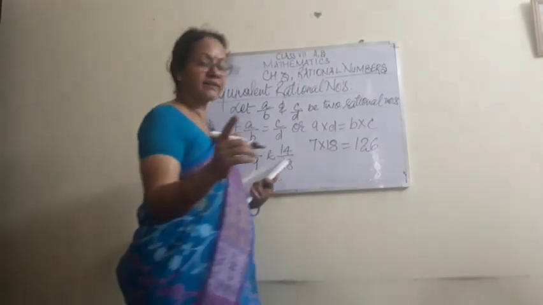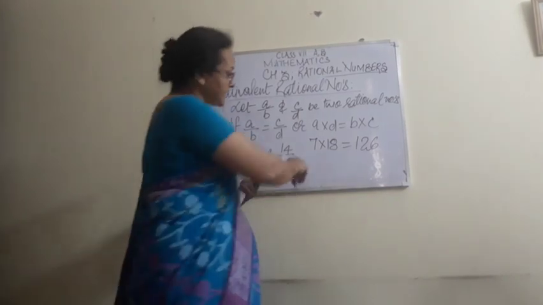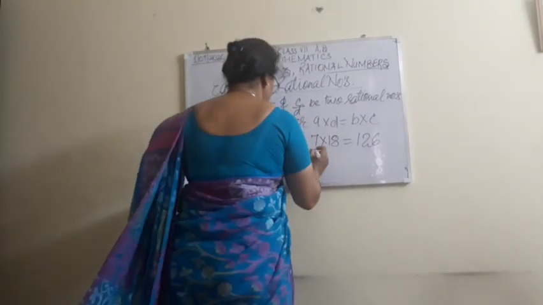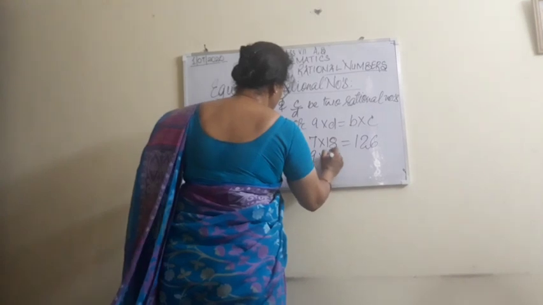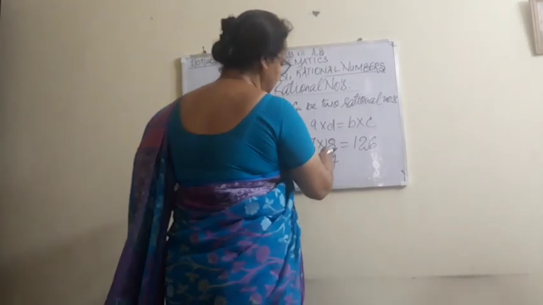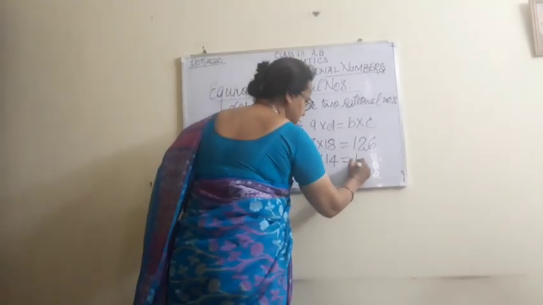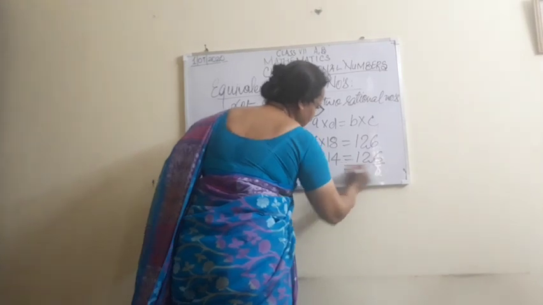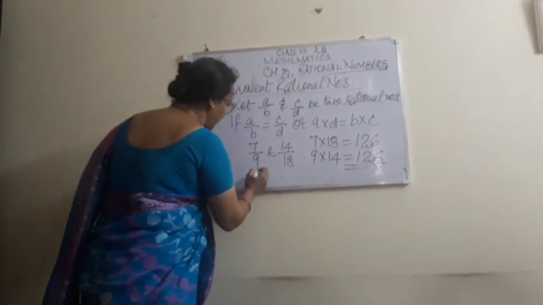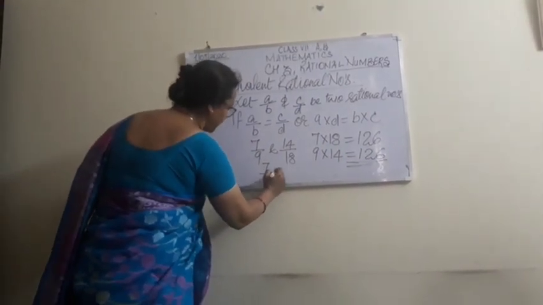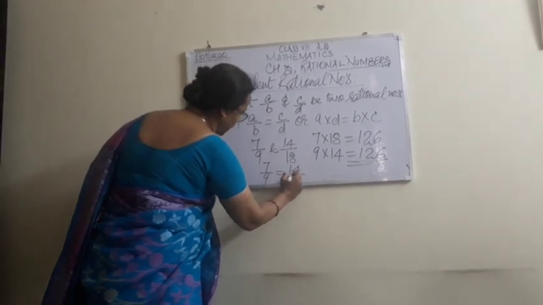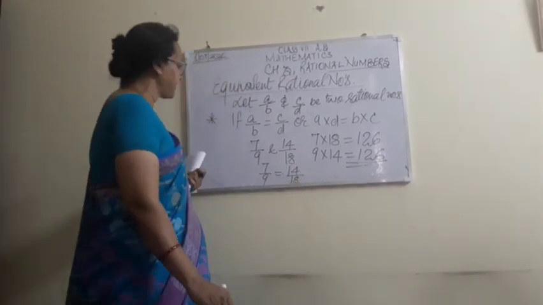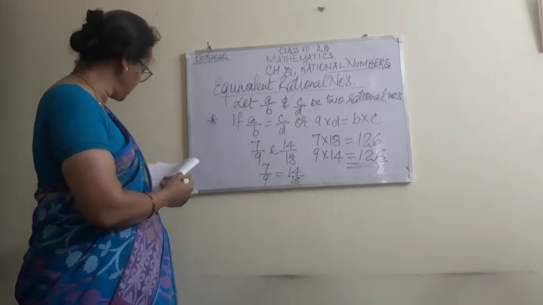I told you the tricks of the table, that trick I have applied. Now 9 into 14 is 90 and 36, that is 126. Both products are equal. It means both are equivalent fractions. 7 upon 9 is equal to 14 upon 18. This is the example. I hope the first condition is clear to you.